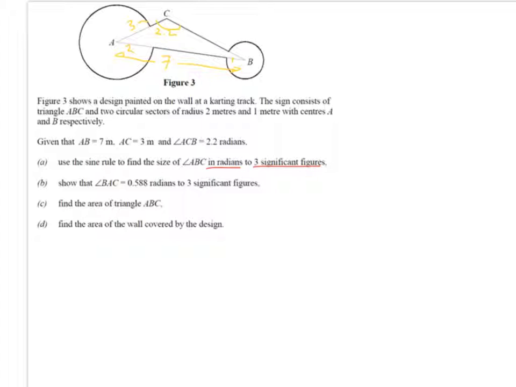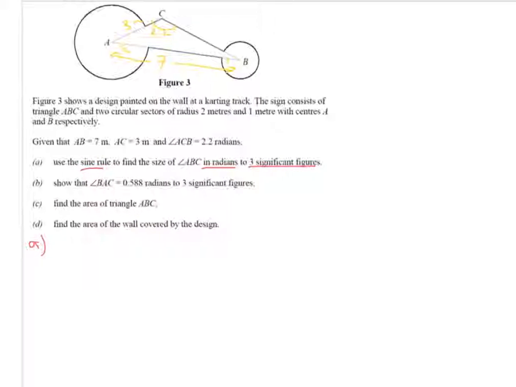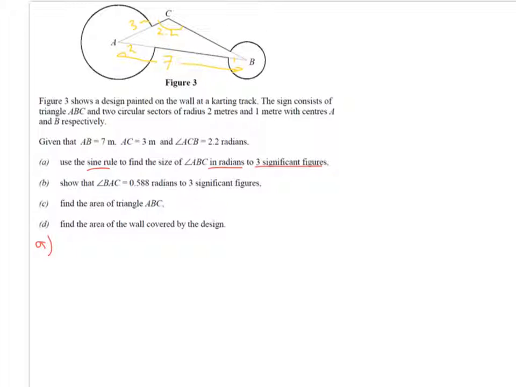We've been given a hint to use the sine rule. And we should remember from GCSE maths that the sine rule should be either a over sine A equals b over sine B equals c over sine C, or sine of the angle over this side is sine of another angle over the opposite side, which equals sine of the other angle over its opposite side.